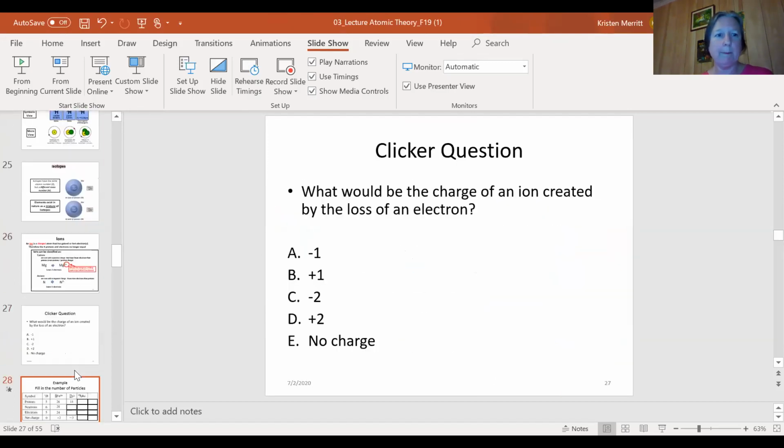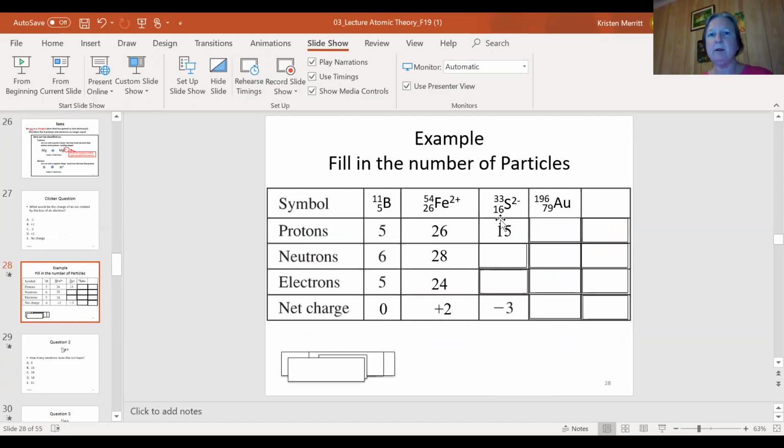So fix that. So this should be 16, and this should be 2 minus. So 33 minus 16. All right, so skip this one, but you can go back and actually fix it. This is correct. Once you go back in and finish and fill these in correctly. My apologies. I'll have to go back and fix that.